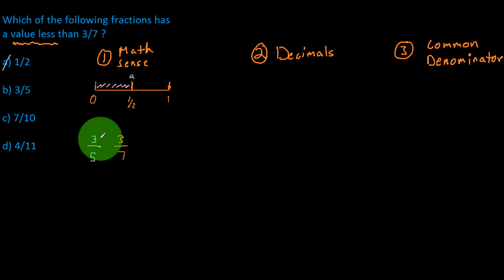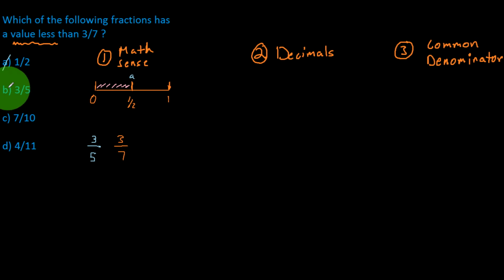Since the numerator is the same, the one that's being divided by the bigger number will make a really tiny number compared to the other. Since 7 is larger than 5, this value should become smaller. Since I'm taking 3, dividing by 7, I should get a smaller number than if I were to take 3 and divide by 5. Therefore, 3/7 has to be smaller than 3/5. So we can cross B off.